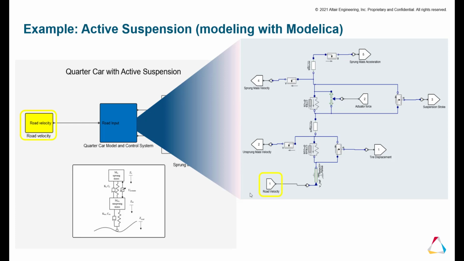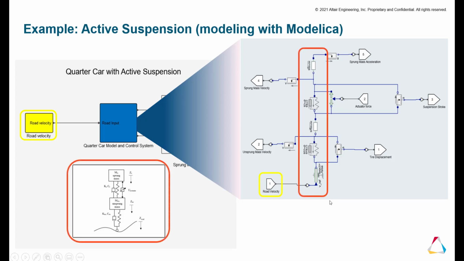Included in this Modelica system, we see our road velocity signal coming into our system here, outlined in yellow. And then that suspension system, looking exactly like our diagram.